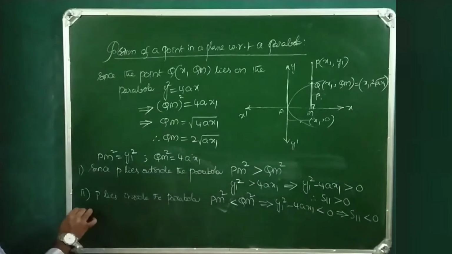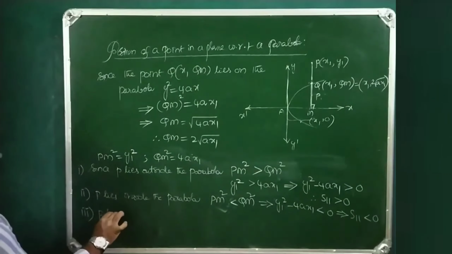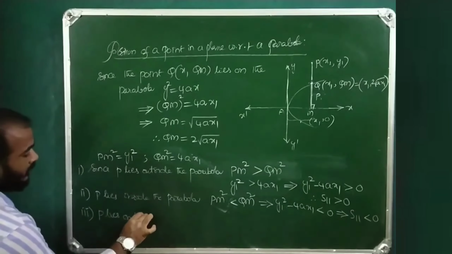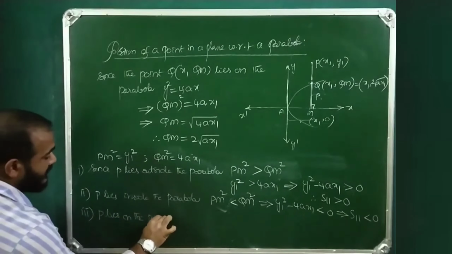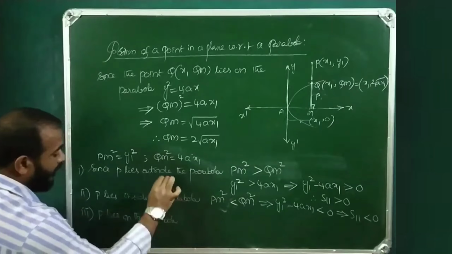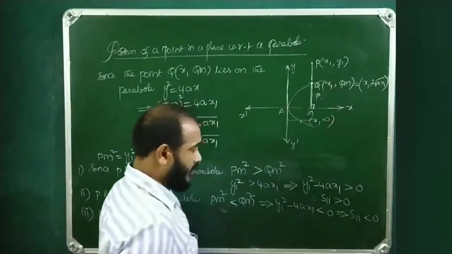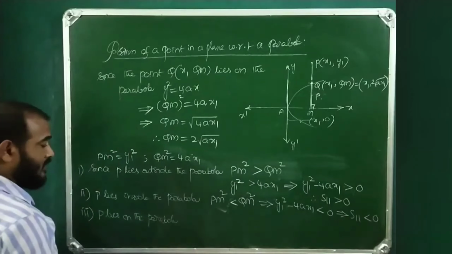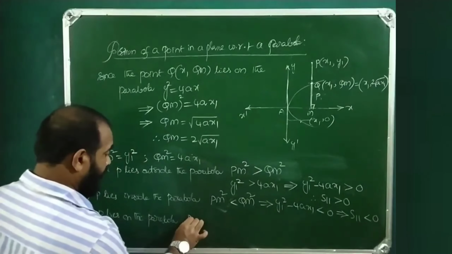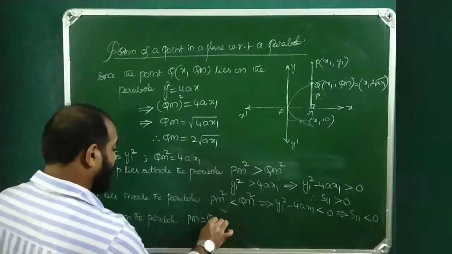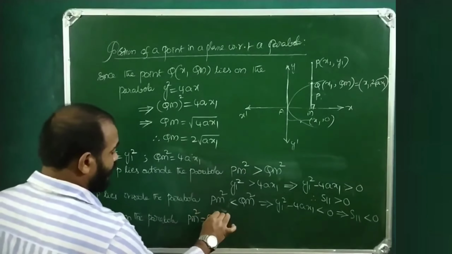And the third condition is, if P lies on the parabola, that means on the circumference of the parabola, for example, this. So Q and M are equal. That means PM is equal to QM, so PM square is equal to QM square.